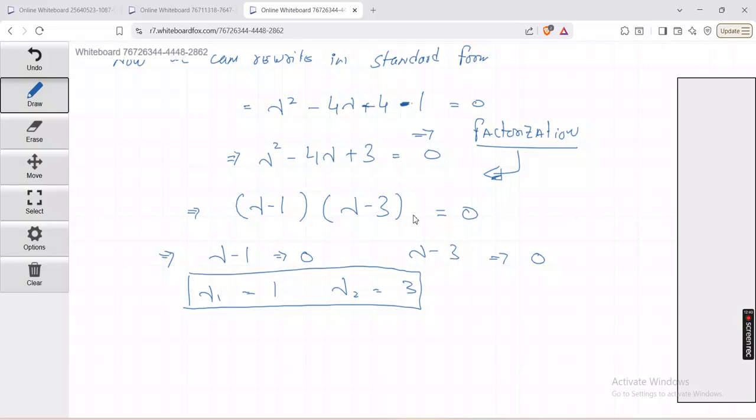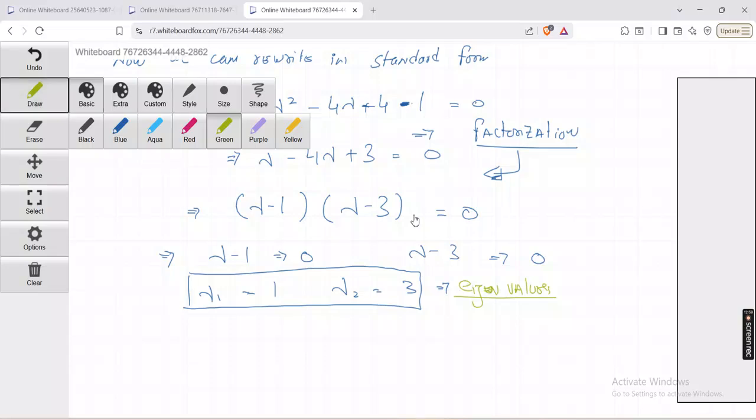Next, once you reach here, this is what we call eigenvalues.